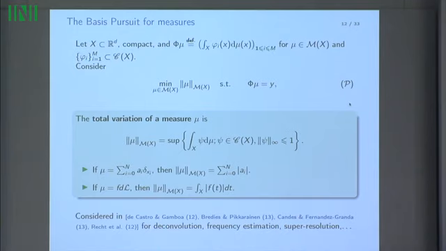This kind of problem has been considered in a paper from Yohann De Castro and Fabrice Gamboa, also Christian Bredies and Pikkarainen, and Emmanuel Candes and Carlos Fernandez-Granda popularized it with the term super resolution. But all these problems are the same, and you can call them deconvolution, frequency estimation, line spectral estimation, or super resolution, or continuous basis pursuit if you want.